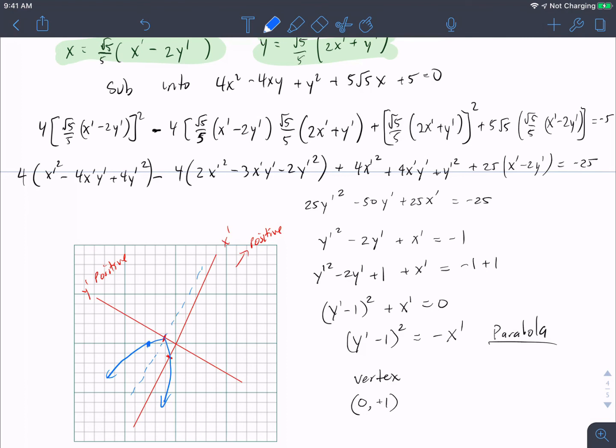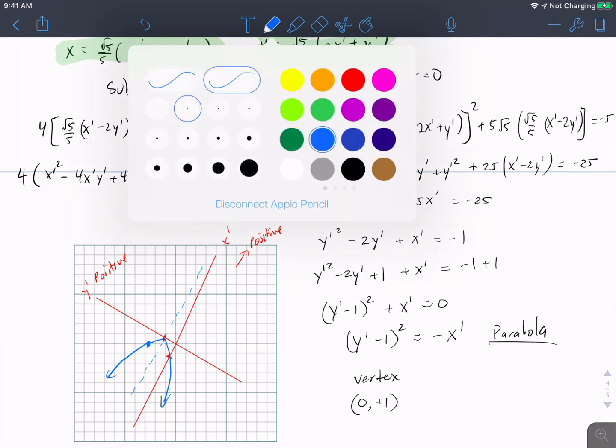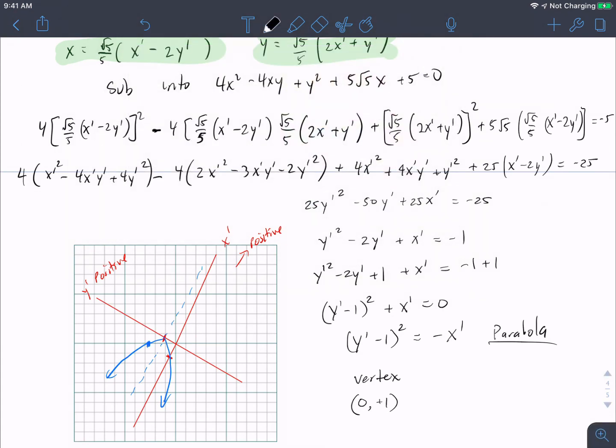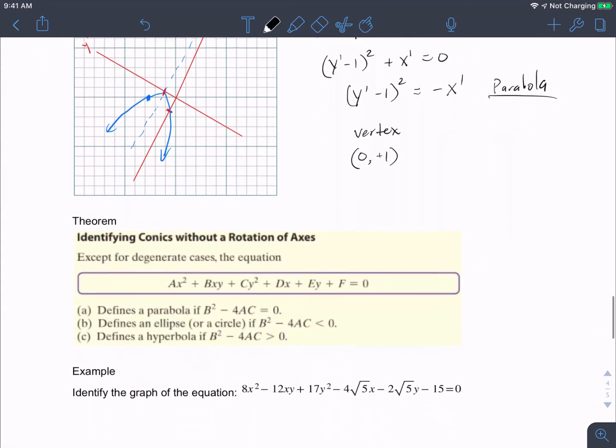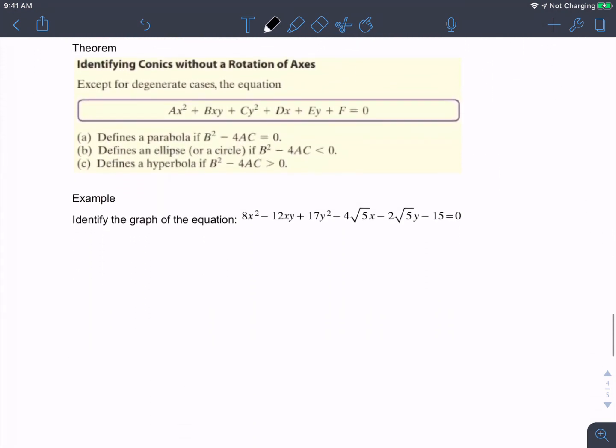I know it's quite some work, but with a little bit of practice, you guys should be able to do this. Now, let me do an easy one for you, and it's based off of this theorem right here. This equation looks very, very ugly, but the only thing that we care about are A, B, and C. And A is 8 in this case, our B is a negative 12, and our C is 17.